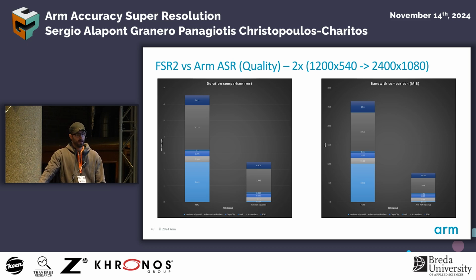This is another way to visualize the duration and bandwidth improvements of our optimizations for Mali hardware. Left gray box is duration, right is bandwidth, left bar is FSR2, and the right bar is ASR quality.